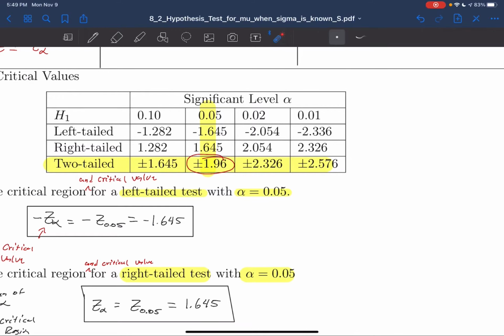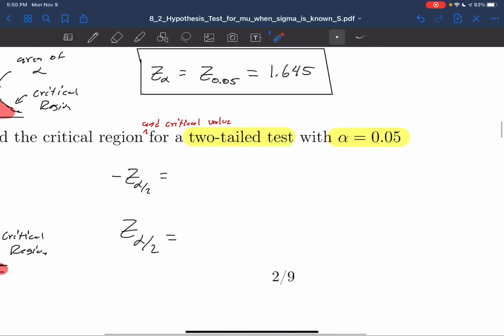And this kind of gives you more confidence because we know we have two critical values, one positive, one negative. And this is it. So here, this will be negative 1.96, and this will be positive 1.96. So let me just box these up.